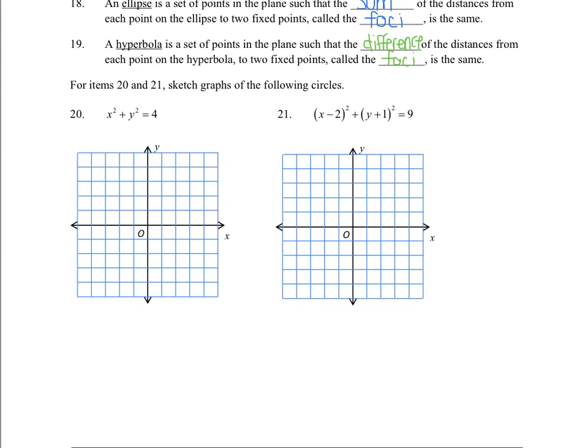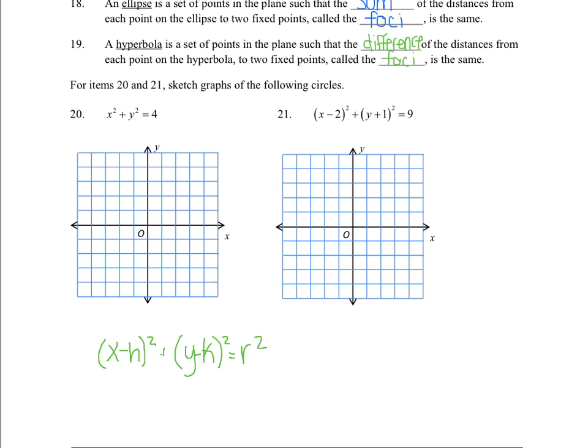So for items 21 and 22, we're going to sketch the following circles. Well, if you remember, and you have this on your formula sheet, a circle has the equation x minus h squared plus y minus k squared equals r squared.